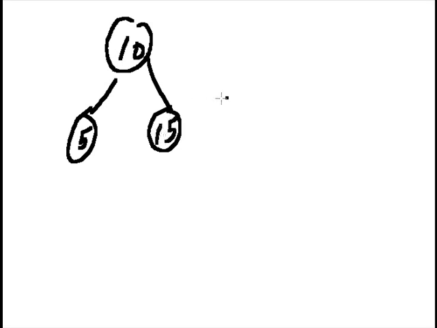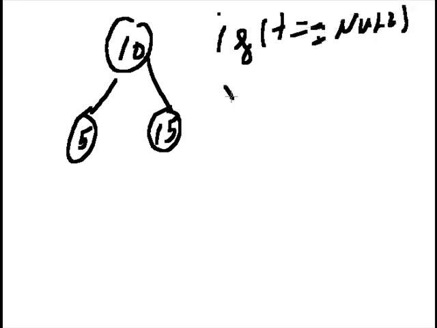Okay, so is this a binary search tree? Yes. Why? Because as you can see, if any tree is null, if t is equal to null, then return true.